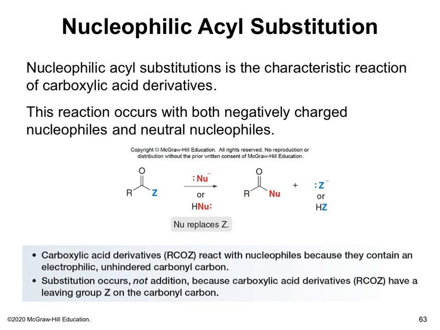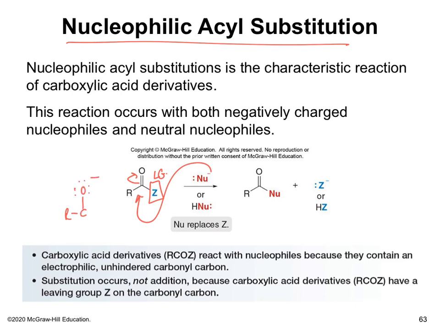So here, the mechanism, which you've already been taught, nucleophilic acyl substitution, you have a leaving group, and the nucleophile will come in, make a tetrahedral intermediate, and then you're going to get reformation of the carbonyl where the Z is the leaving group to reform your carbonyl.